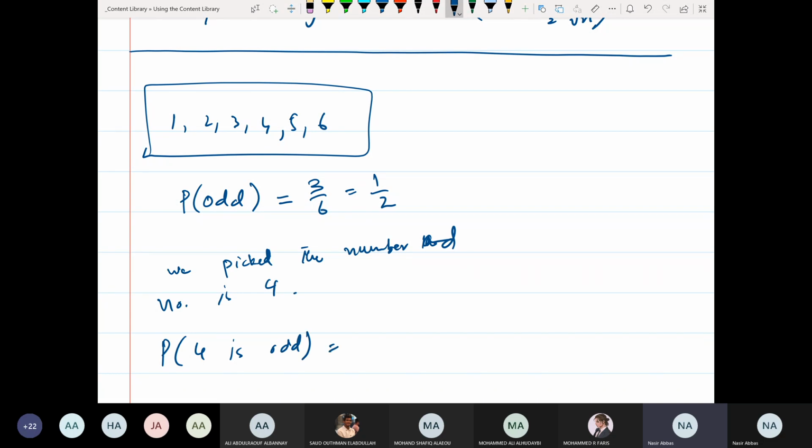Can you even say that the probability that the number 4 is odd? No, you cannot talk in terms of probability. But you can say this about x, where x is either 1, 2, 3, 4, 5, or 6. You can say this about x, but you cannot say this about a specific value of x.